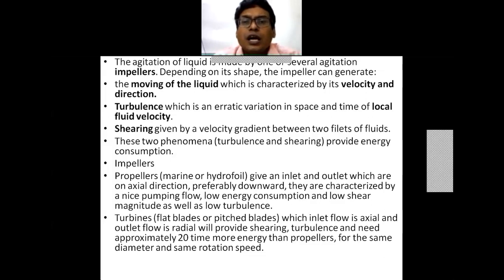Depending on its shape, the impeller can generate the movement of the fluid that is to be moved, and that depends on its density, viscosity, and the attached baffles that are going to create turbulence. Turbulence is the erratic variation in space and time of local fluid velocities.